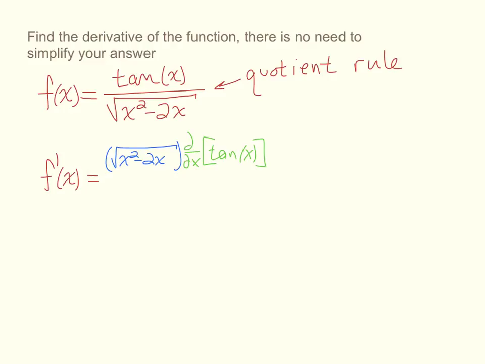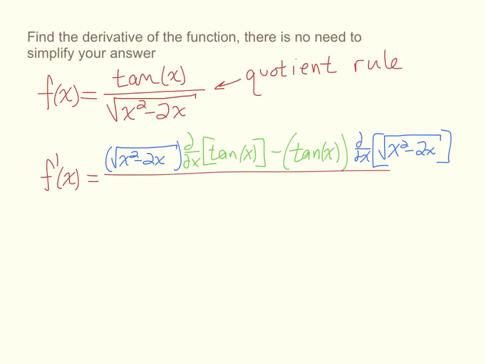And from that we will subtract the numerator and to that we will multiply the derivative of the denominator. So we will have d/dx of the square root of x squared minus 2x. And all of that will be over the denominator squared.